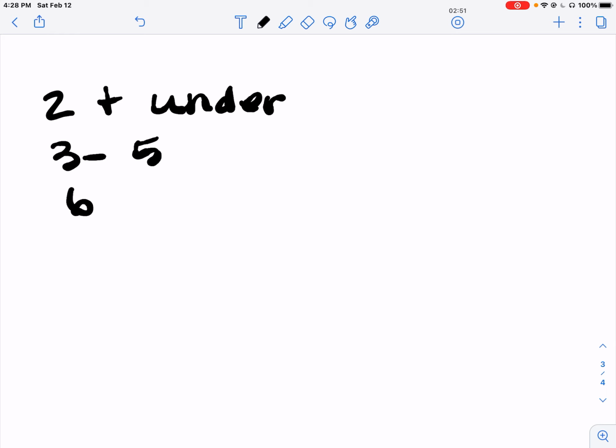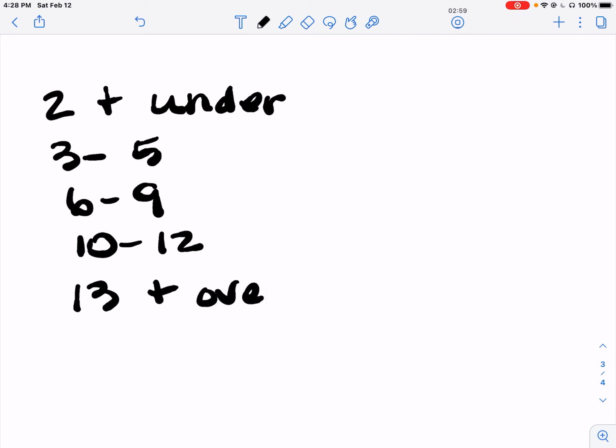Okay, so number 5 gives a chart, and it says 2 and under, 3 to 5, 6 to 9, 10 to 12, and 13 and over. And then there's some percents here.